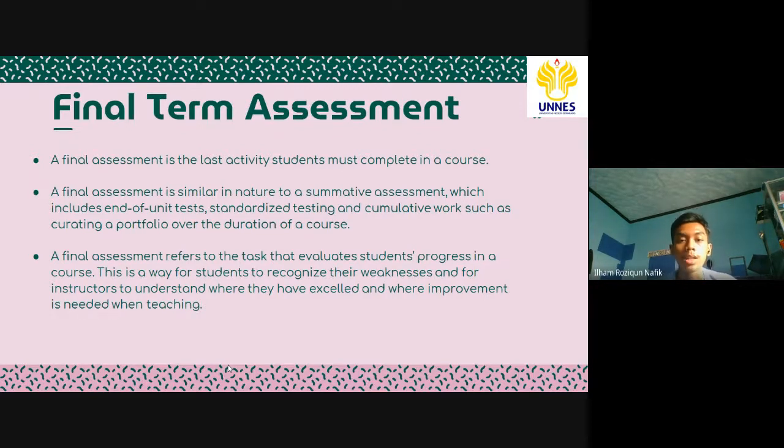A final assessment refers to the task that evaluates students' progress in a course. This is a way for students to recognize their weakness and for instructors to understand where they have excelled and where is needed when teaching.